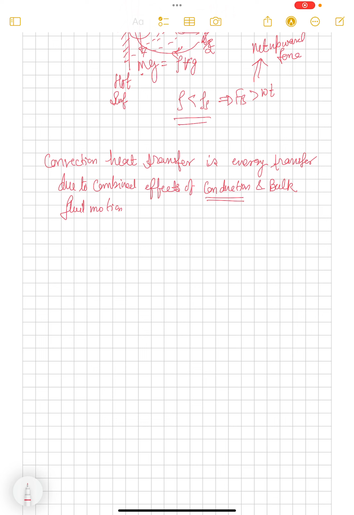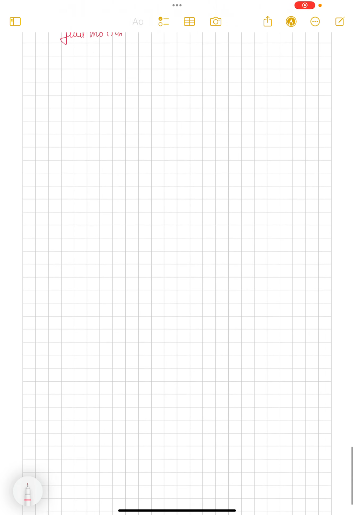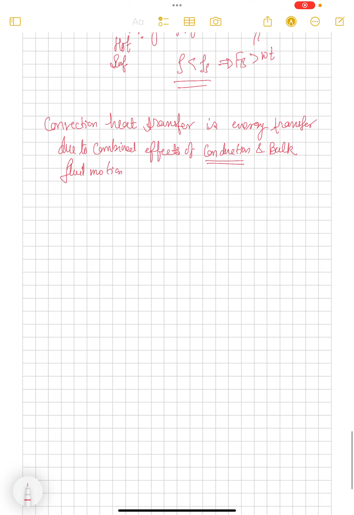So this is convection heat transfer. Next we will study radiation.